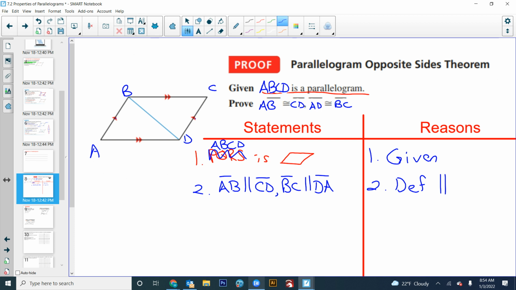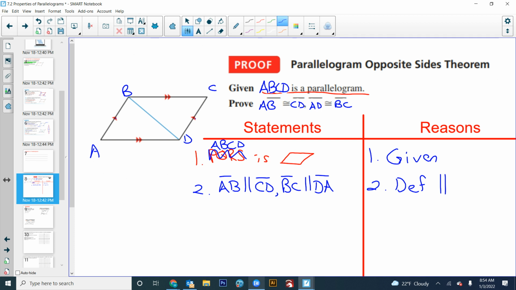Now, here's the tricky thing, okay? How many of you right now would say AB is congruent to CD, property of a parallelogram? I'd probably be tempted to write that, wouldn't you?